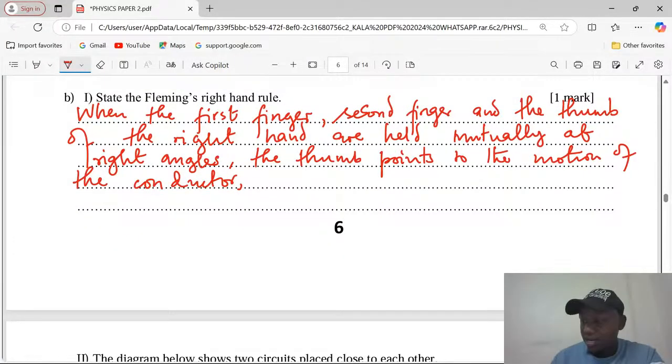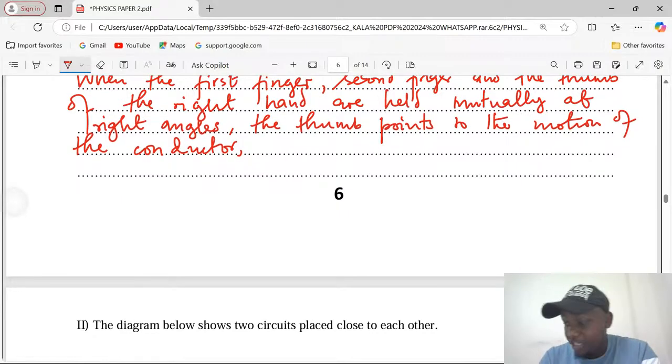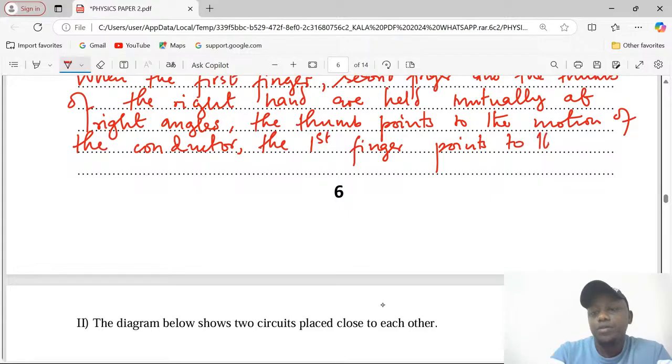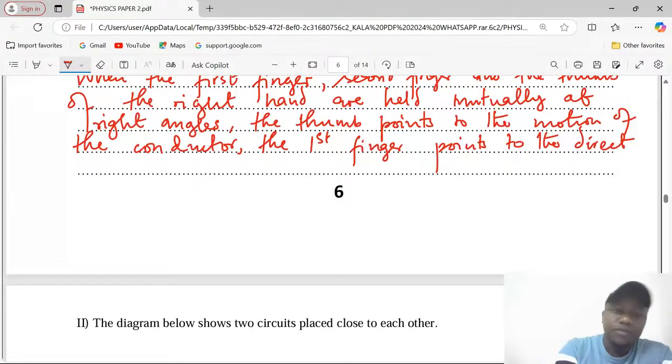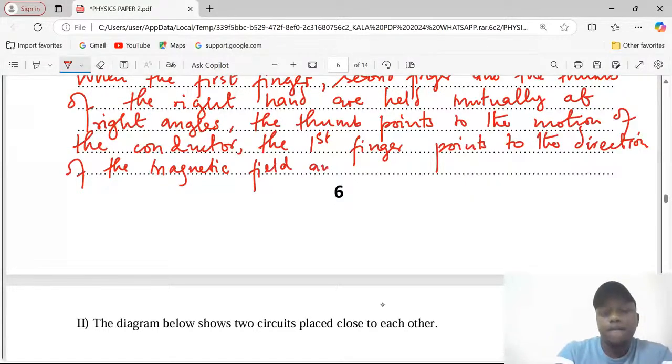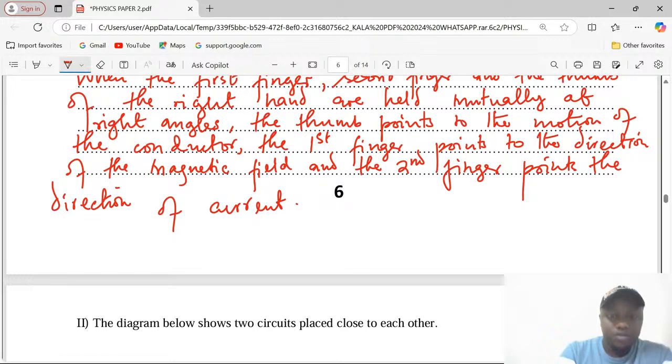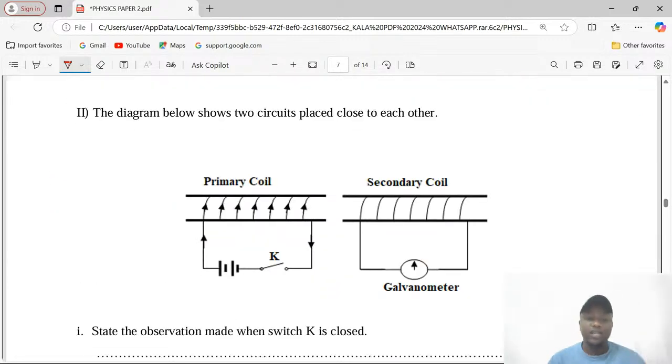The first finger points to the direction of the magnetic field, and the second finger points the direction of current. The direction of current.